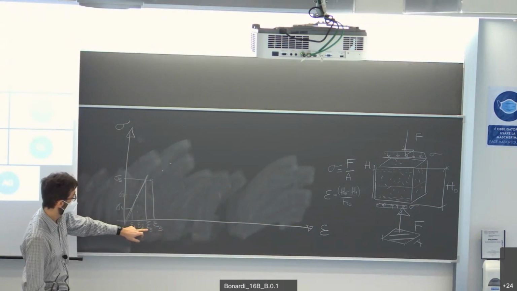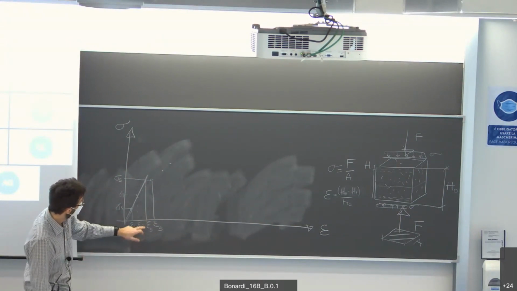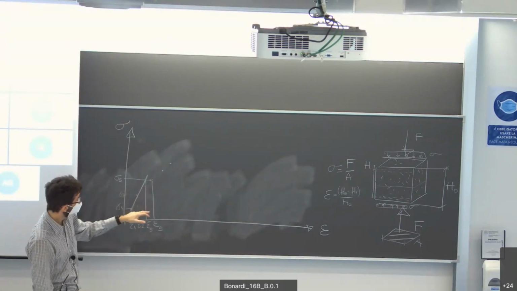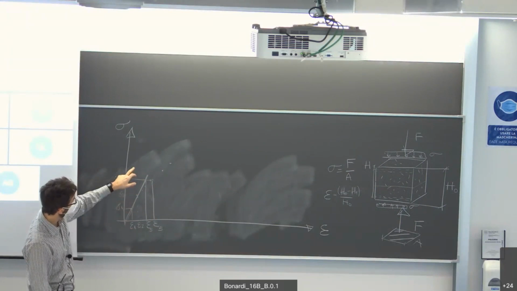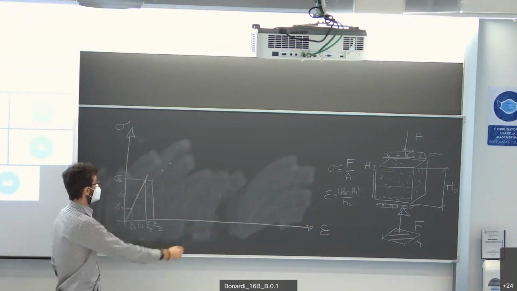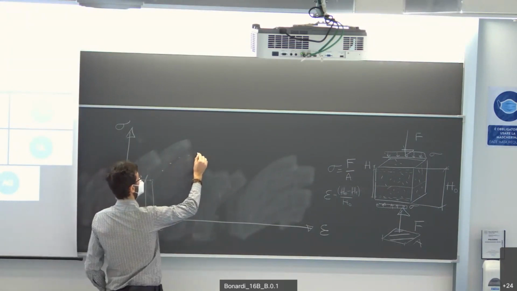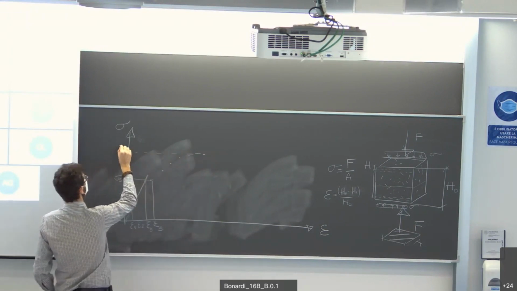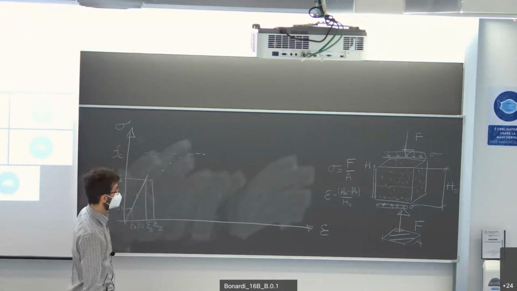Okay, this is the assumed one in the linear case, this is the real one. So the concrete is not perfectly linear. It is roughly linear for low levels of stress. As we increase the load, we reach the maximum level of stress.